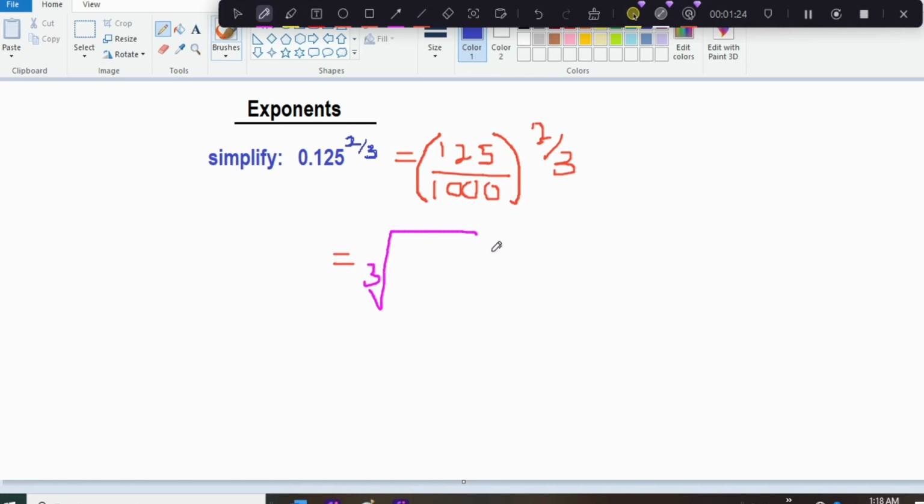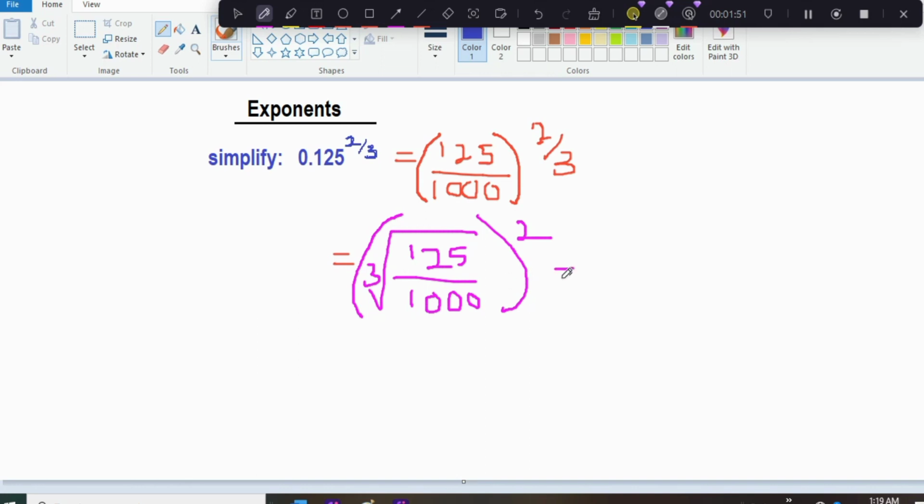The 3 in the denominator is now written as the cube root of 125 over 1000, and then we put it in brackets raised to power 2.